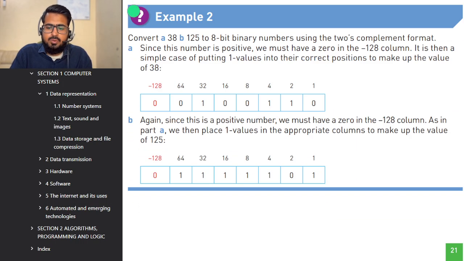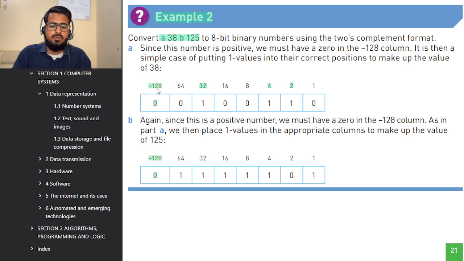Example 2 is giving you other positive numbers, nothing different here. The same thing, just doing the conversion of binary to denary, denary to binary. The 38 denary value is converted into binary, and we get this answer for the 25. But you are noticing one important thing here: even though you are doing a positive denary, you are putting the negative sign on the leftmost bit and highlighting that it is 0.